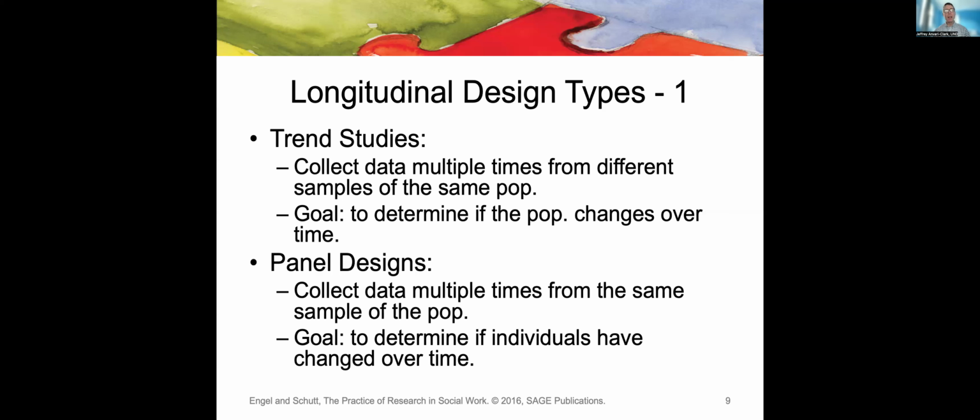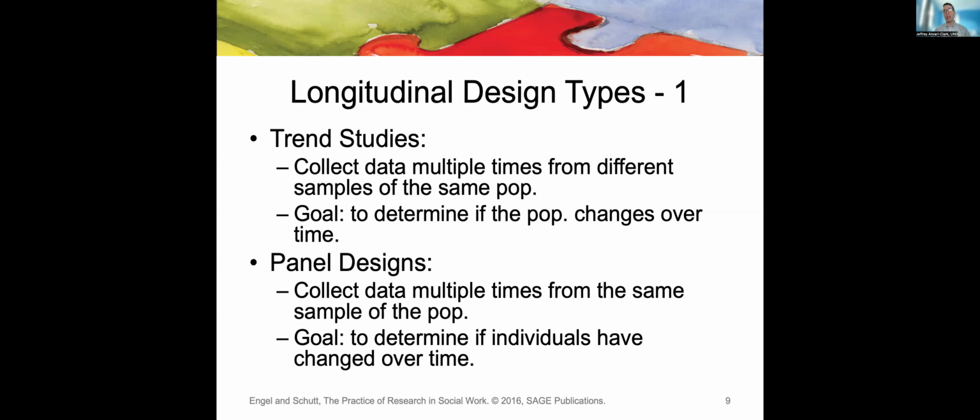Another is a panel design. This tracks the same people over time, usually asking the same questions, or sometimes they'll introduce different questions, because those are now of interest. But generally, they want to ask the same questions.